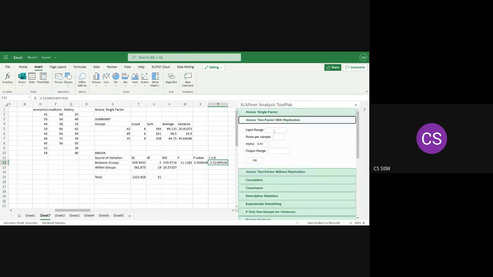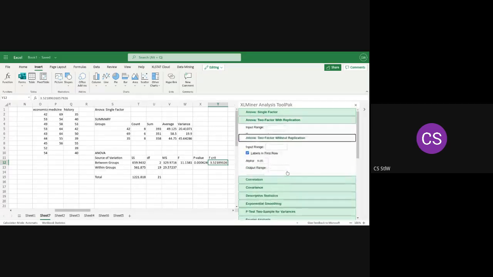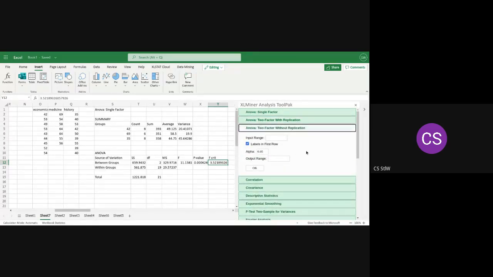You see, for this you have the input range and then the rows per sample. And then I think the only difference is the rows per sample, and the one without replication doesn't have the rows per sample. So I think that's the only difference. But Excel just makes everything the same.